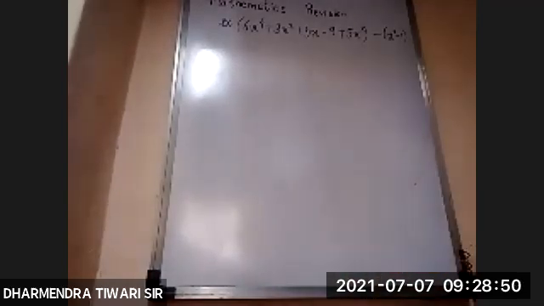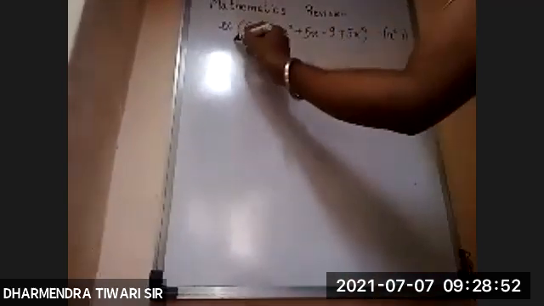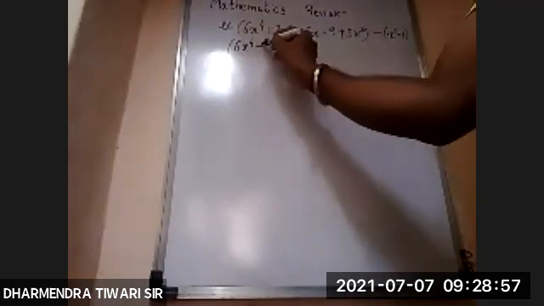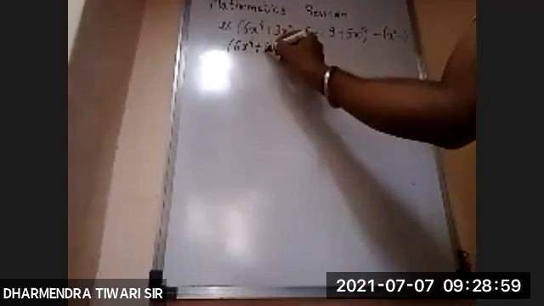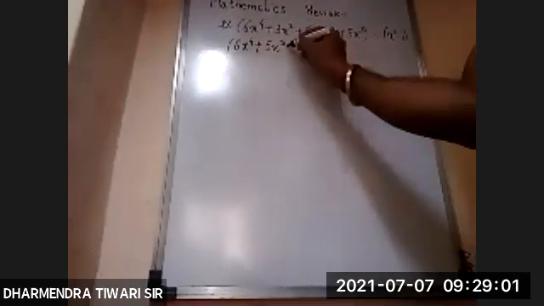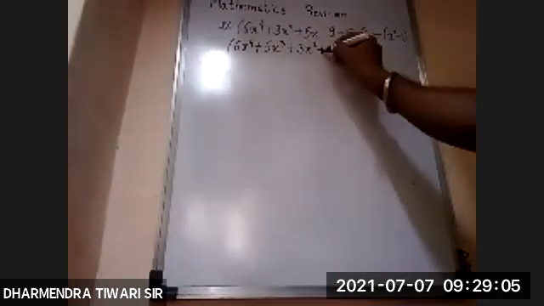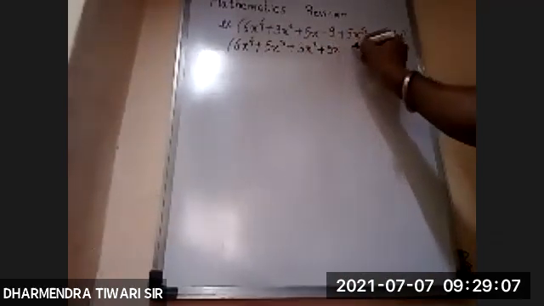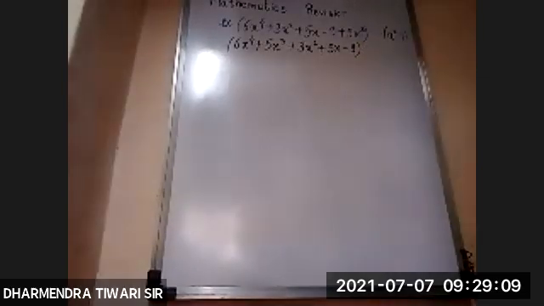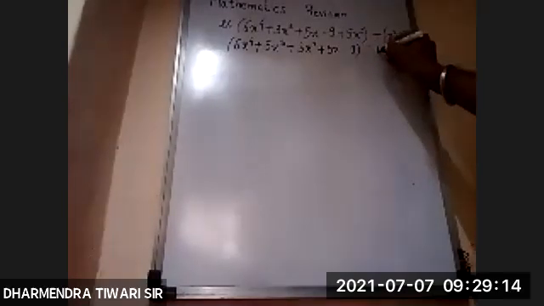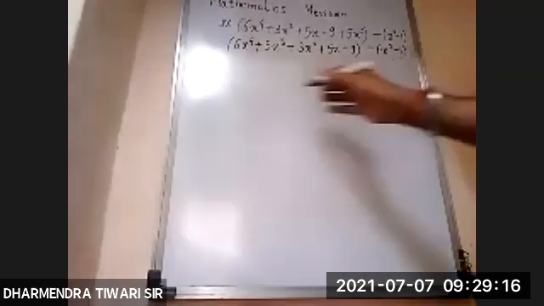So we will get 6x raised to 4 plus 5x cube plus 3x square plus 5x minus 9, divided by x square minus 1.